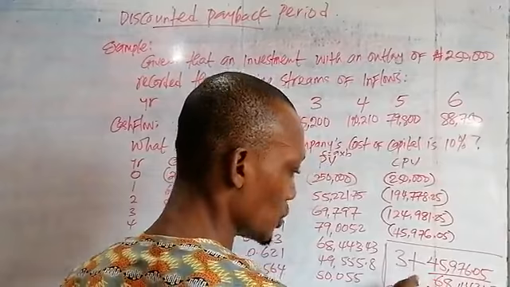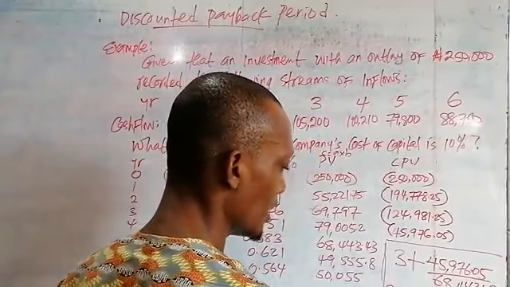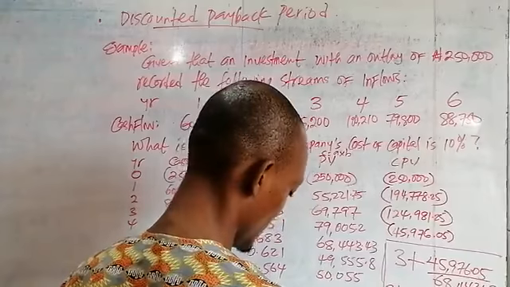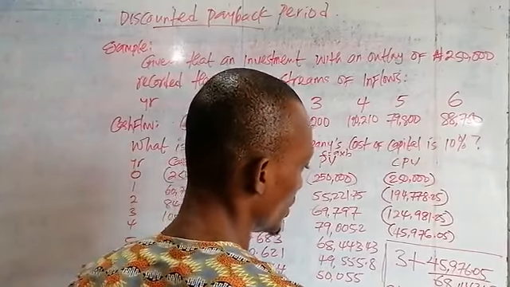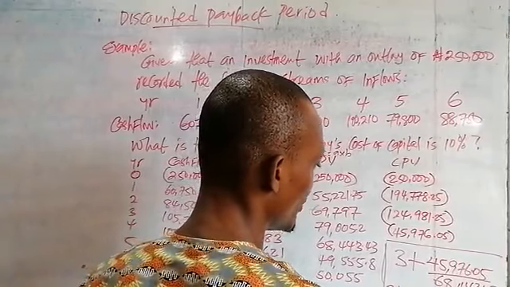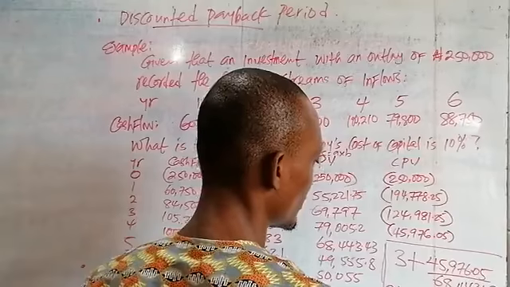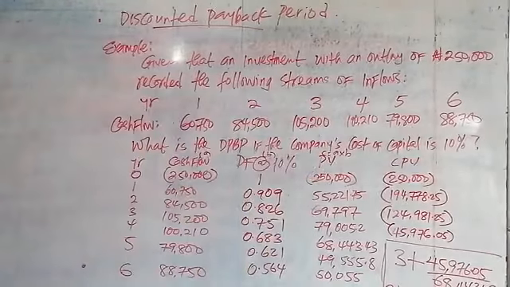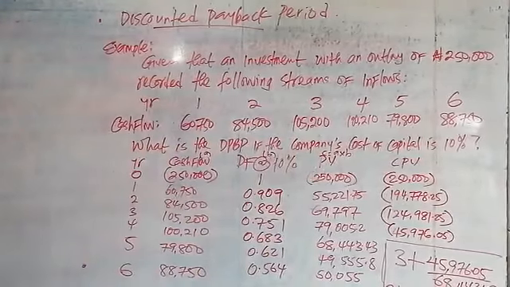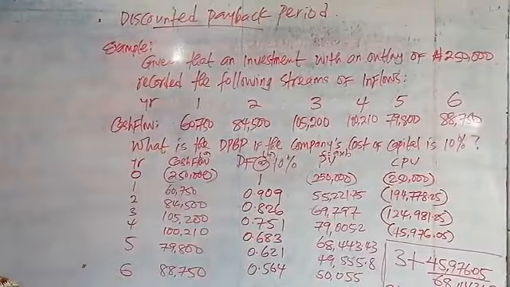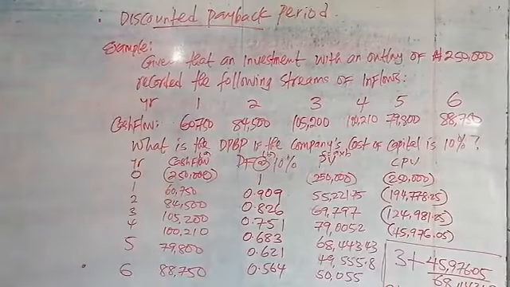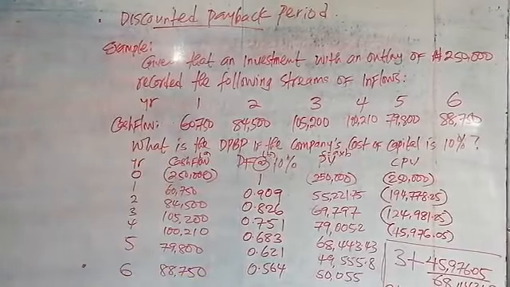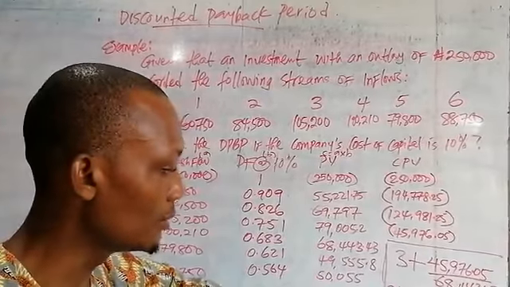So 3 plus 0.67 is equal to 3.67 years. It means we are going to recoup our investment in 3.67 years. That is, 3 years and some months.